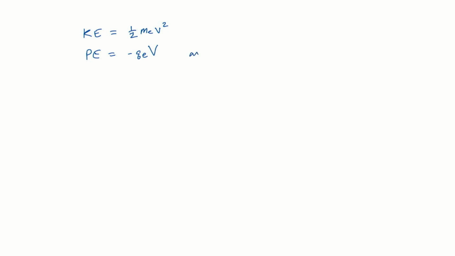And the potential is going to be K times the charge of the nucleus, which is Z times Q sub E, because the charge of the proton, Q sub P, equals the magnitude of the charge of the electron, Q sub E.